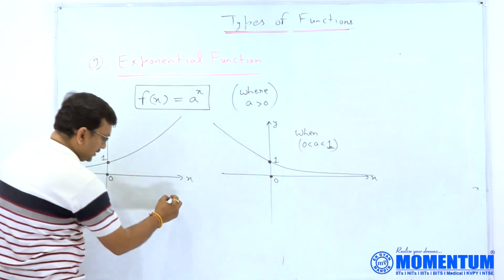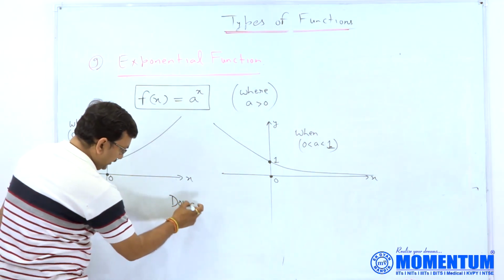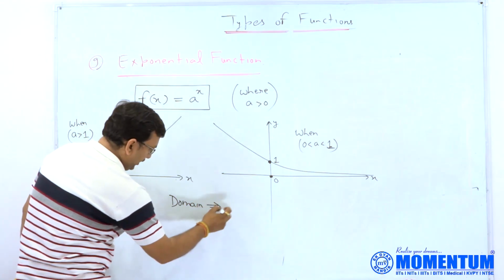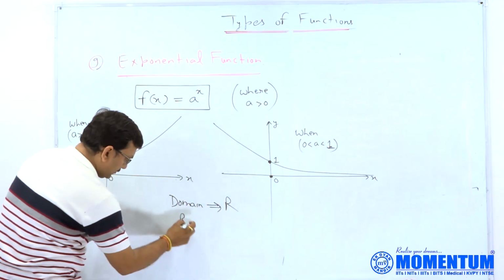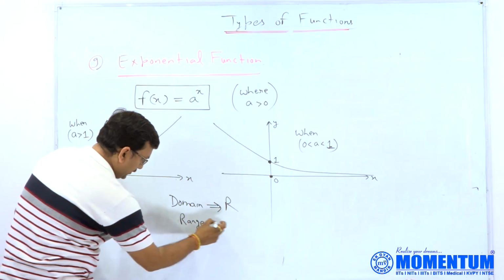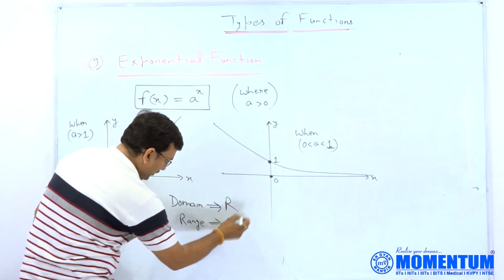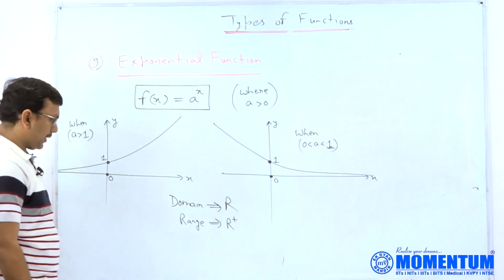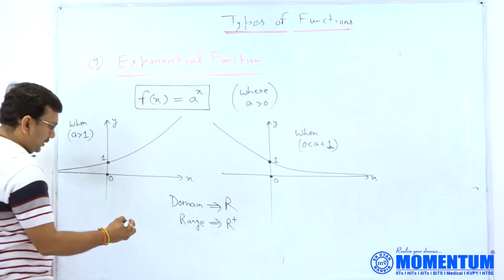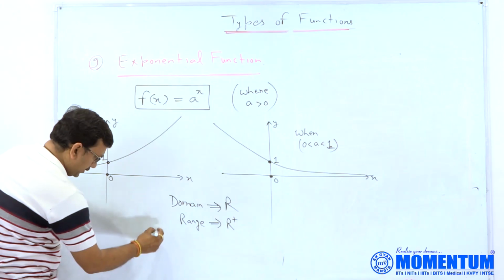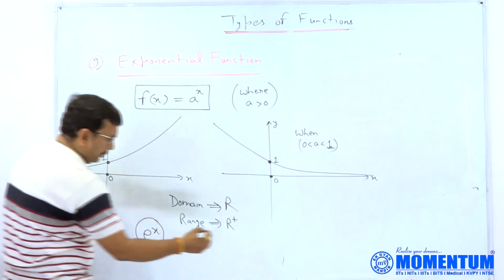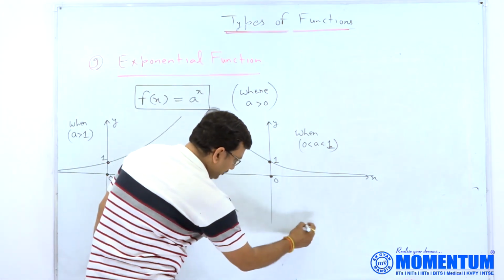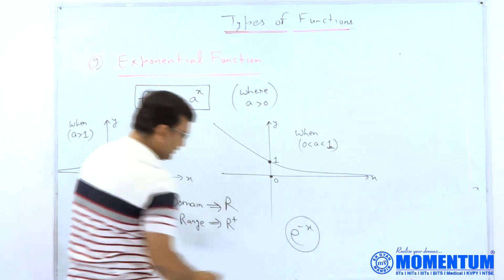From both the graphs, it is clear that domain is R, range is R plus. Domain is R, range is R plus. Now, if I ask you diagram of e to the power x and diagram of e to the power minus x.